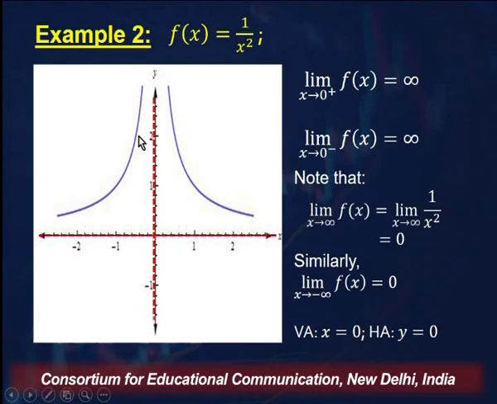So x equal to 0 is a vertical asymptote. Now, what about a horizontal asymptote? A horizontal asymptote is saying what value the function tends to as x approaches infinity or minus infinity. And clearly the limit of the function as x tends to infinity or minus infinity is 0. So here y equal to 0, or the x-axis, acts like the horizontal asymptote.